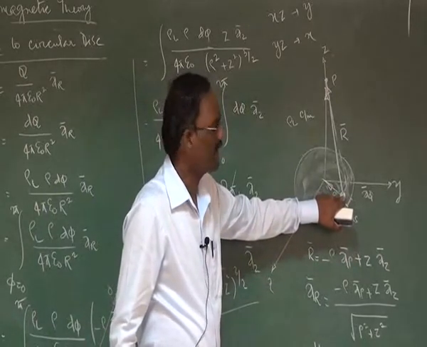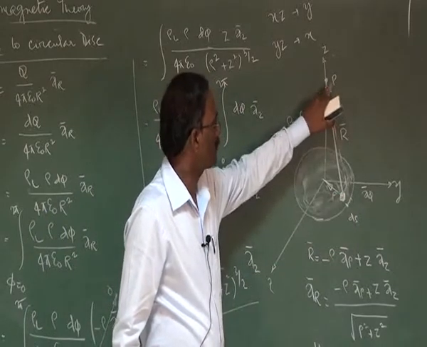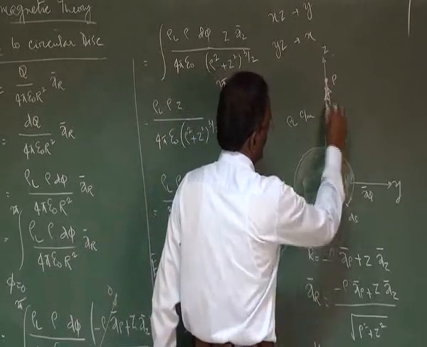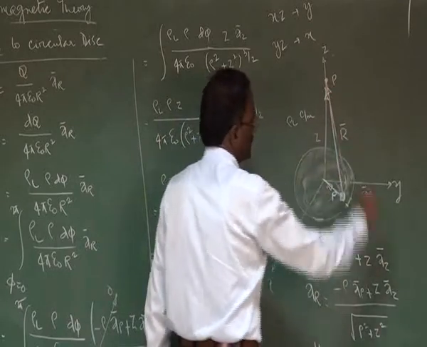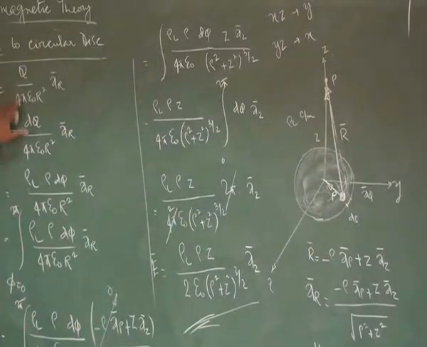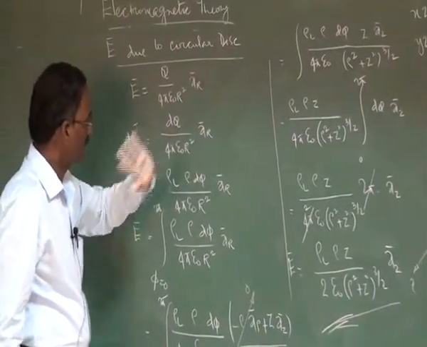Due to this infinitesimal surface, what is the E value available at this point? I am going to calculate. As usual, this is rho units, and this is z units, and this is the r vector. The same E bar is equal to q divided by 4 pi epsilon O r squared a r bar. dE bar is equal to dq by 4 pi epsilon O r squared a r bar.